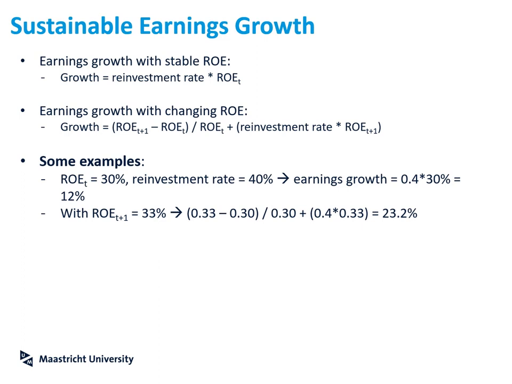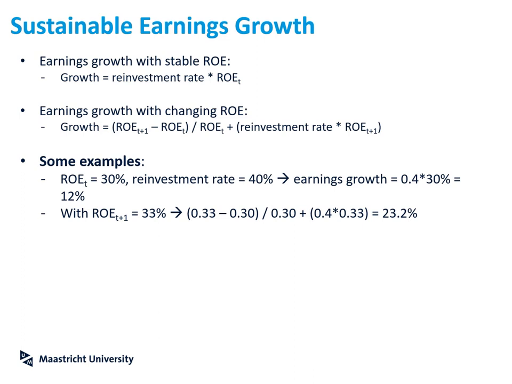Given the current profitability and given how much we reinvest of this, we can grow our earnings next year by 12%. So if we reinvest 40% and we earn 30% on any new investments, we can grow our earnings with 12%.